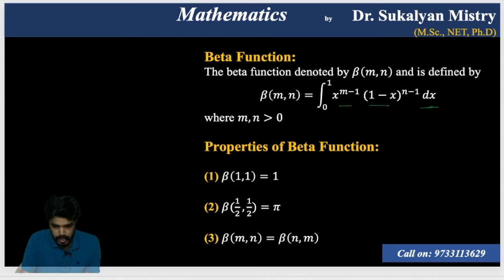So, this is beta(m, n), where m and n are positive. Next, what are the properties of the beta function?